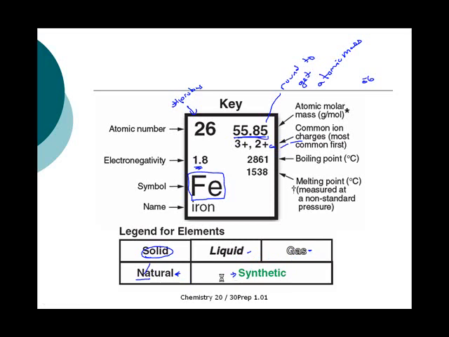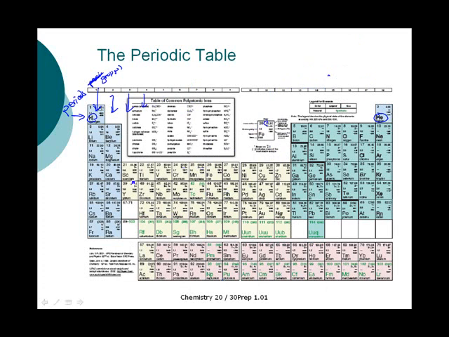So if we just go back to our periodic table here, we can see just by looking at some of these elements, we can see that most of the elements are solids. Most of them have normal writing, especially when we look on the left-hand side. Other things we notice, so if we take a look at, where's my pen here? This element here is a synthetic element because it has green writing.